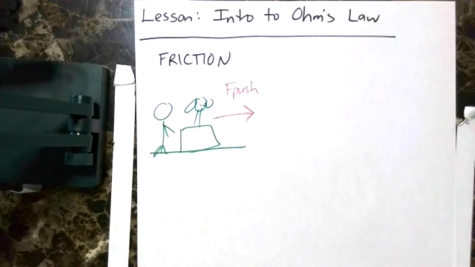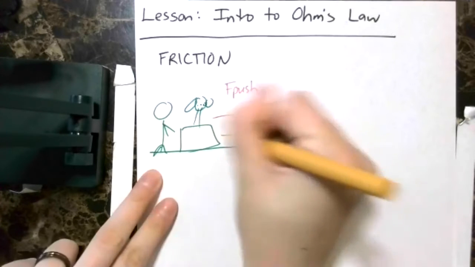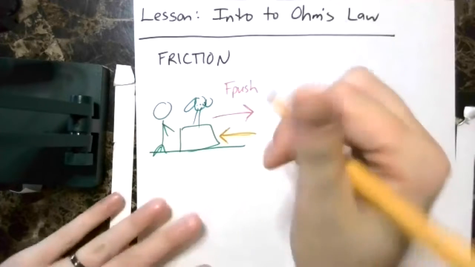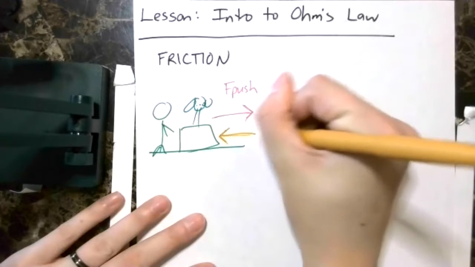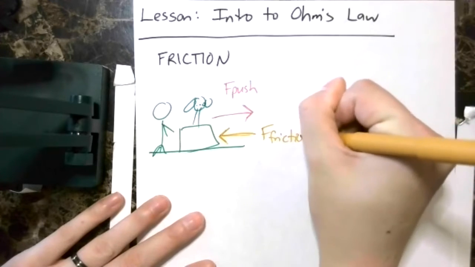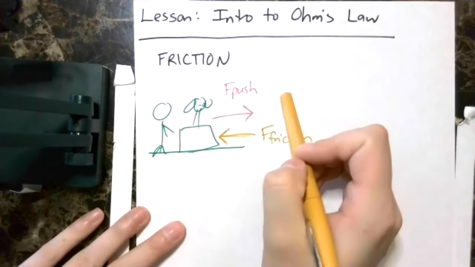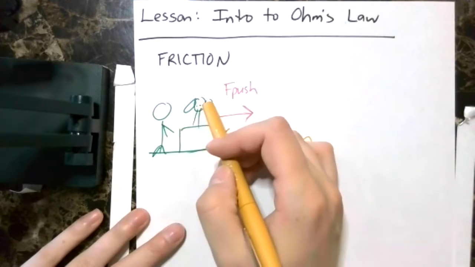But then, I did not leave myself enough room. If we take it into account, a lot of the times we have a force of friction as well, like maybe the carpet or going uphill. So we have some motion being opposed in the opposite direction.